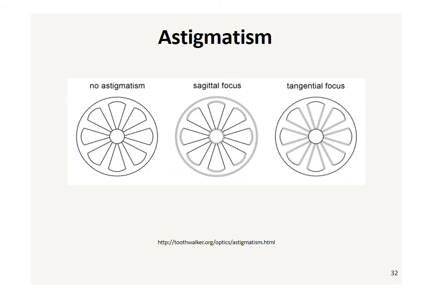If we look at, say, 3 discrete points on our object here, then they will, at one focal distance, be imaged as lines like this. And if we look at, say, these 2 points here, at another focus, they are also imaged as lines.